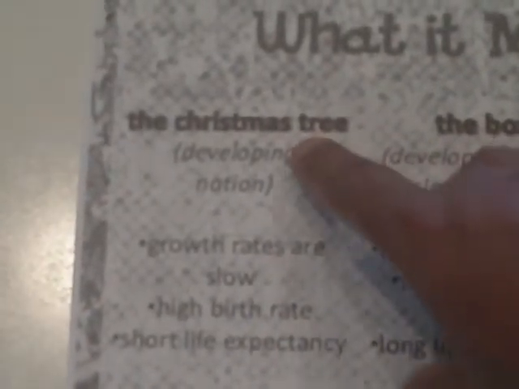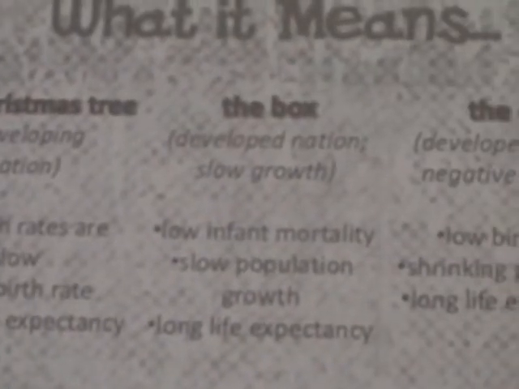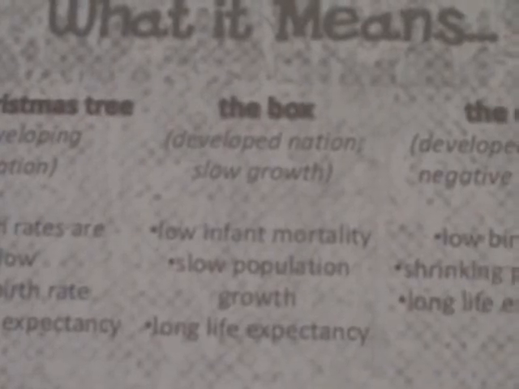And here are some of the meanings. A Christmas tree. In other words, when you look at one, it looks like a Christmas tree, like a pyramid. This is a developing nation or less developed nation. Growth rates are slow. They have a high birth rate and short life expectancy. And then you have the box.